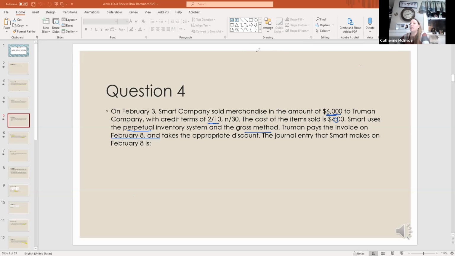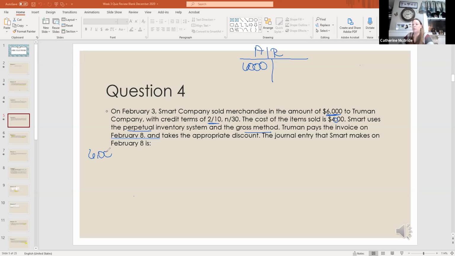Okay, so we have $6,000 in our accounts receivable balance, and they didn't return anything. So that's all it is, $6,000. We're done figuring that out. So now we're going to figure out the discount and how much we're going to pay.